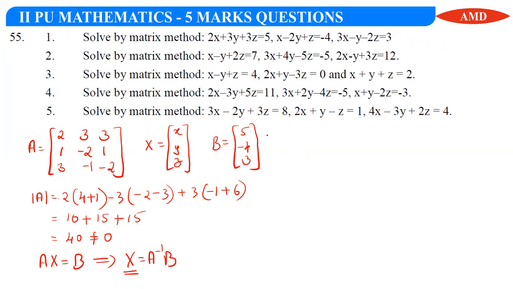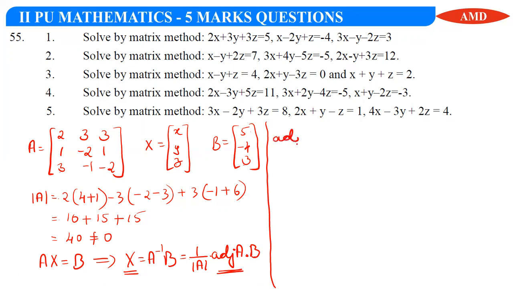Now, before we proceed, we will have to know what A inverse is. A inverse is nothing but 1 by determinant of A into adjoint of A, into the matrix B. So let me now first find the adjoint of A. The adjoint of A is nothing but the transpose of the cofactor matrix.